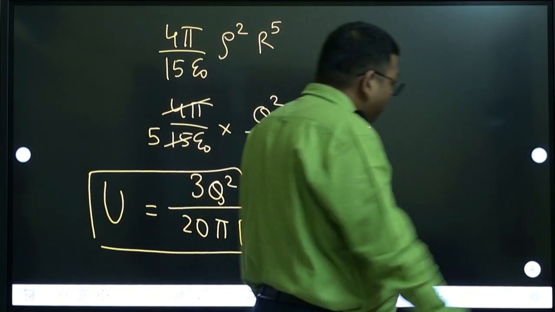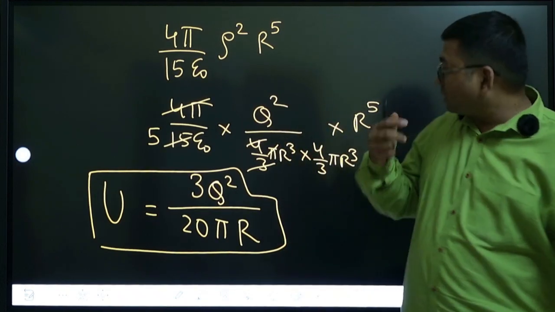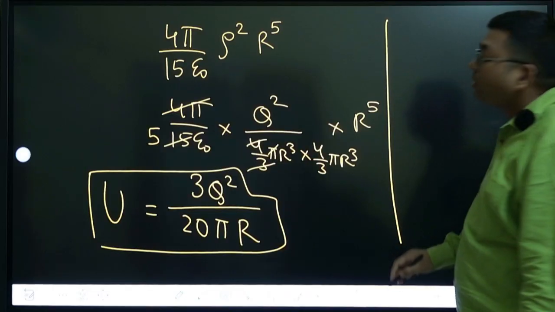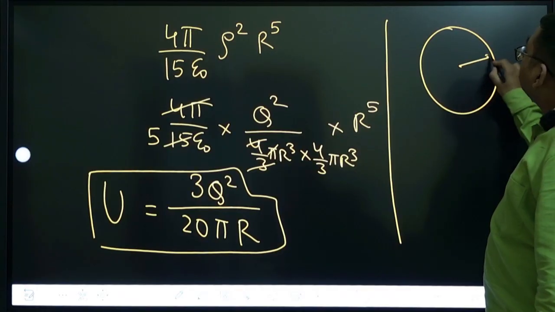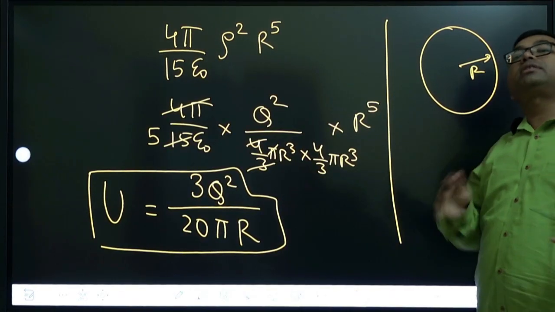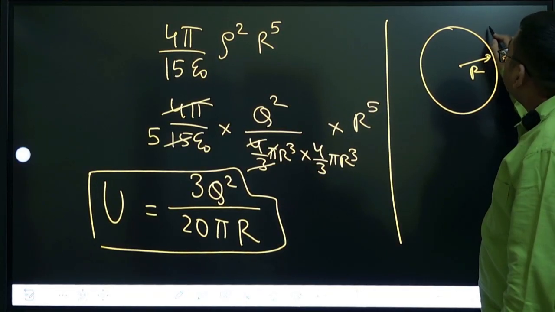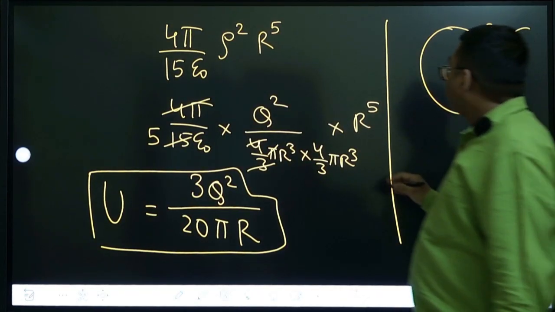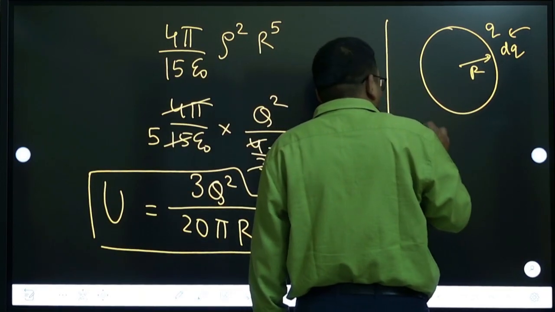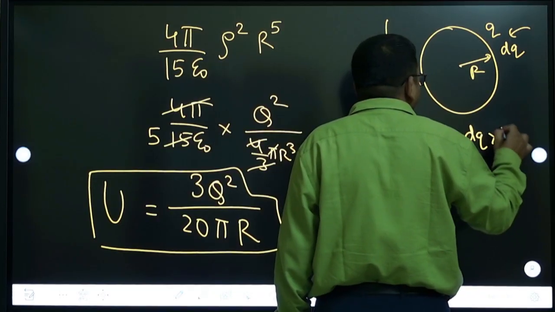Okay, so that's what. What about that small cell which I was talking about? For cell also derive. Is it very difficult? No. But cell means the same radius. Here radius you are not changing. You are just bringing charges to make it capital Q. So let us say right now charge is small q and you are bringing a small dq charge. So the small work done or change of potential energy is dq into potential.